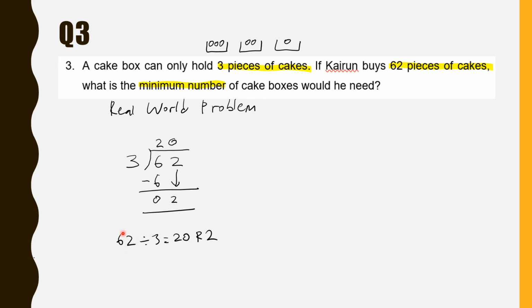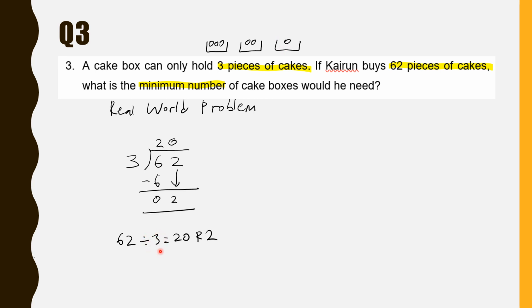The dividend divided by the divisor gives you a quotient of 20 and a remainder of 2. Now, how is this 3 related to this number 20? Well, 3 is the maximum number of cakes that each box can hold. Remember here we said that every box can hold a maximum of 3. That means you can also put 2 or 1 cake inside, but you'll just be wasting a lot of space, but it's still possible.